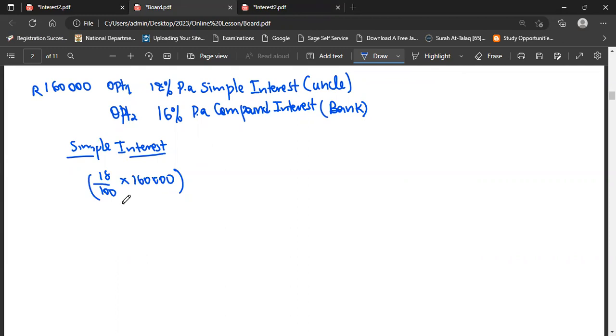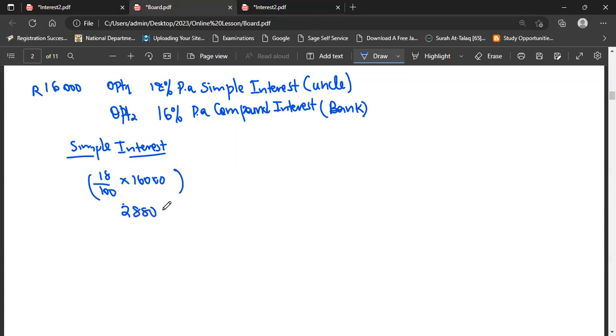So the interest is, the money he is borrowing is 16,000, not 100. And so the interest for only 1 year will be this much.